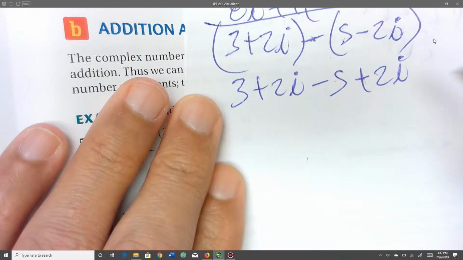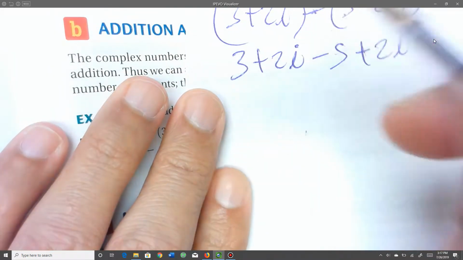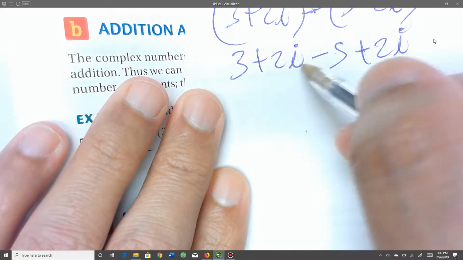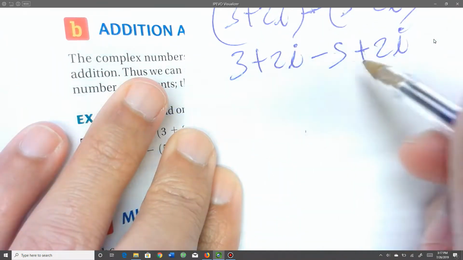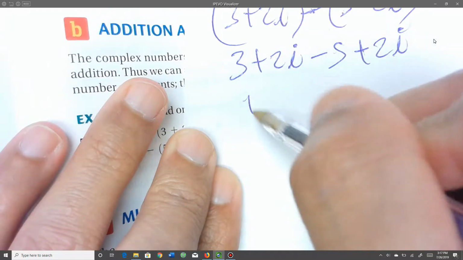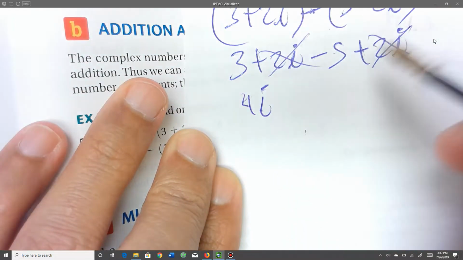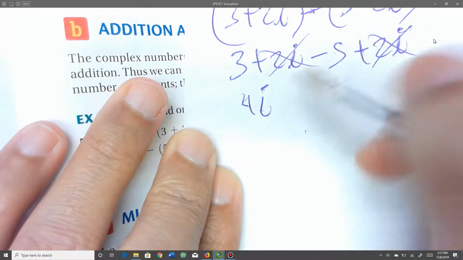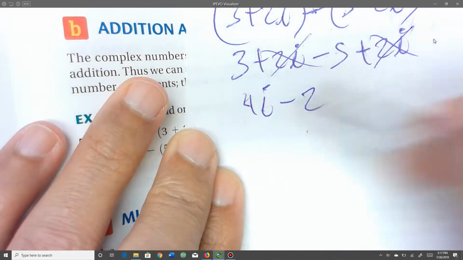Now I can see that I can combine like terms just like you would with any other variable. I'm going to combine the two i's together, and that's 2 plus 2, that's 4i. And I'm done with those. Put my constants together, that's negative 2, and I'm done.